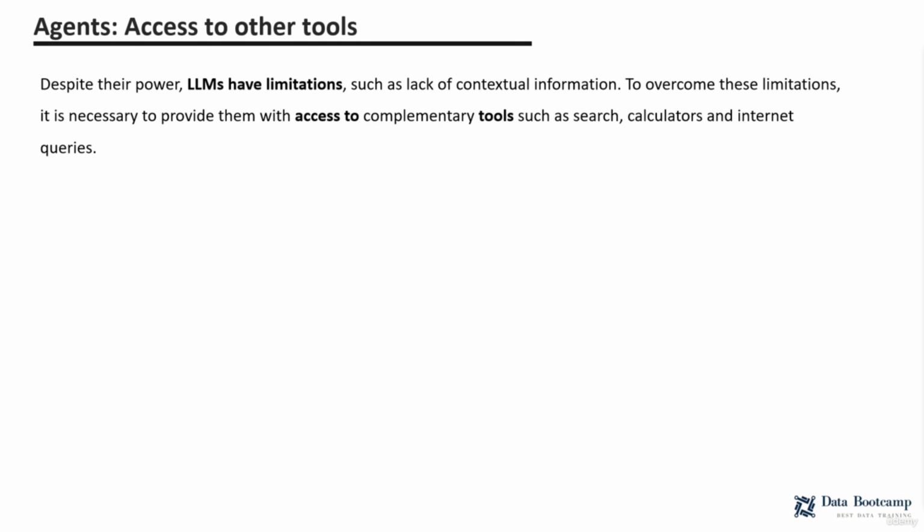To overcome these limitations, it is essential to furnish ChatGPT with additional functionalities. How do we accomplish this? By granting it access to complementary tools, such as internet browsing, calculation methods, or even the capacity to make independent internet queries.